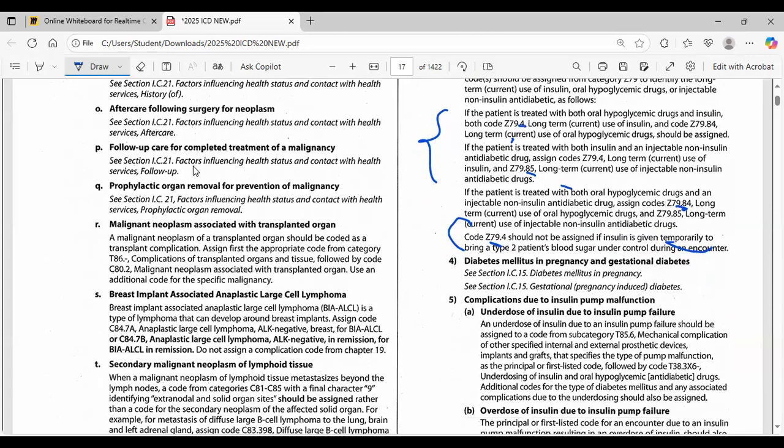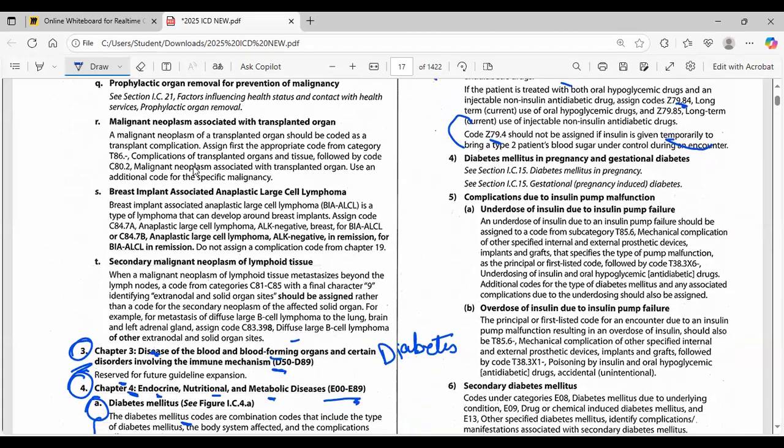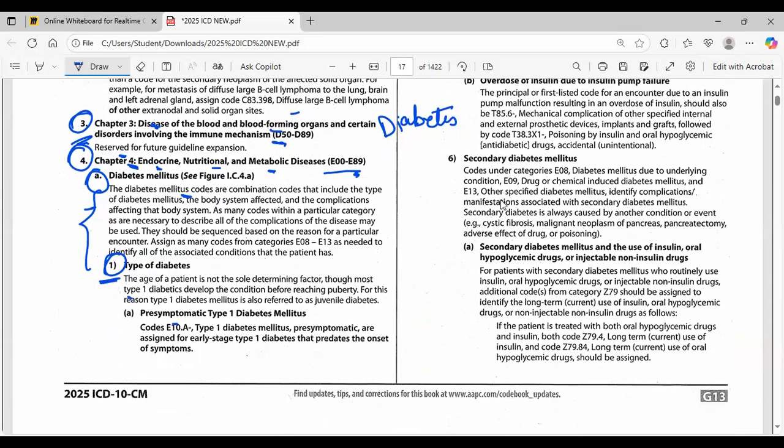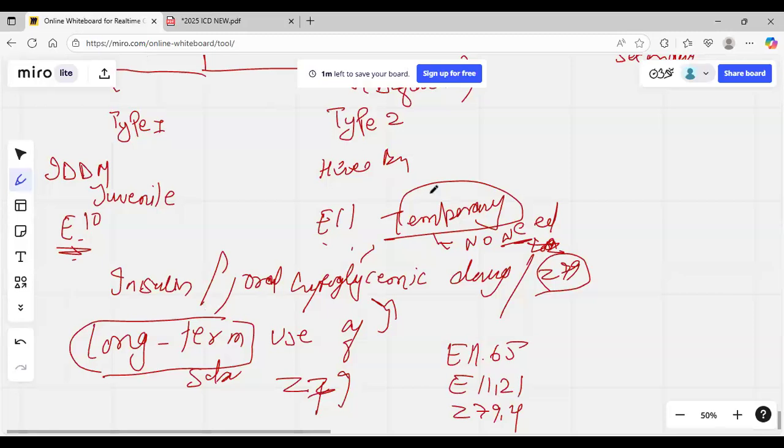Next up, we have the secondary diabetes. I'm skipping the complication for now. Let's start with the secondary diabetes.